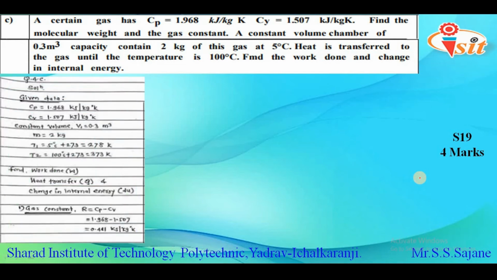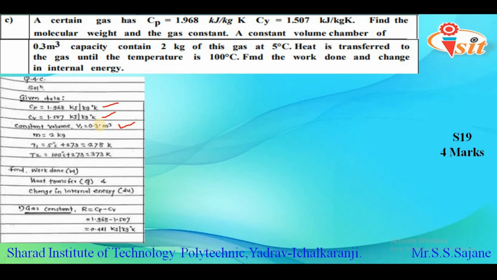So first of all, we will note down as usual the given data. We have given the values of Cp and Cv, that is equal to 1.968 and 1.507 kilojoule per kg Kelvin. Again they have given constant volume, so this process is called an isochoric process, and we are having volume as 0.3 meter cube.